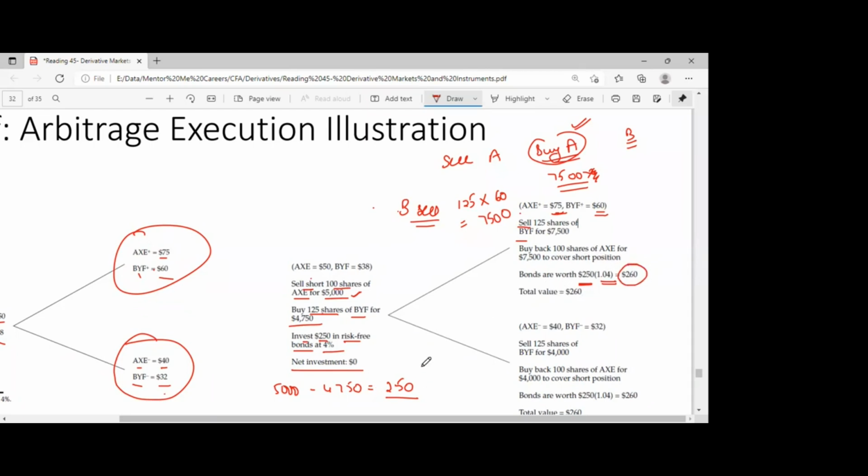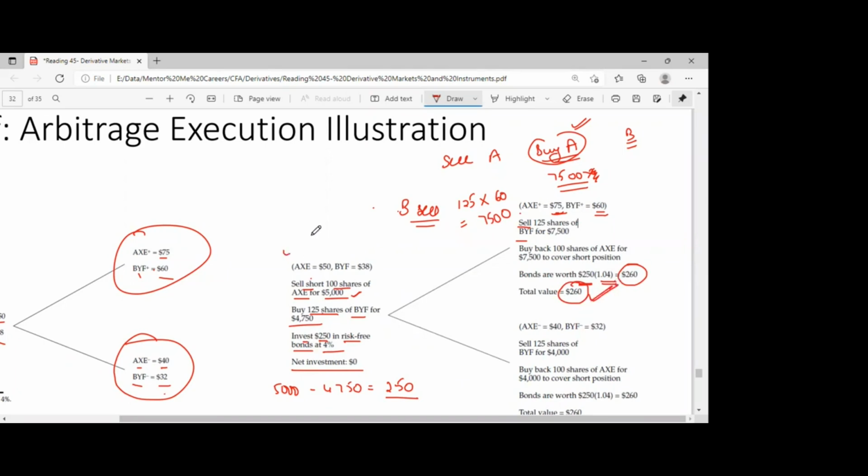ठीक है, तो हमने जो $250 इन्वेस्ट किए थे वो बन गए 260 और ये 250 भी हमने अपनी जेब से लगाए नहीं थे. It was because of this position that we had created between A and B stock. So net basis पे हमने $260 बना लिए.